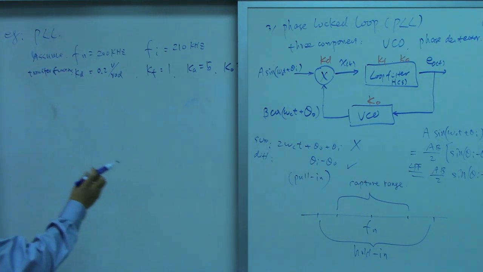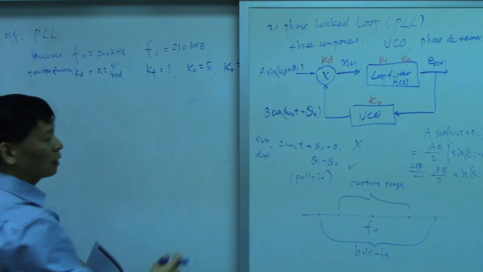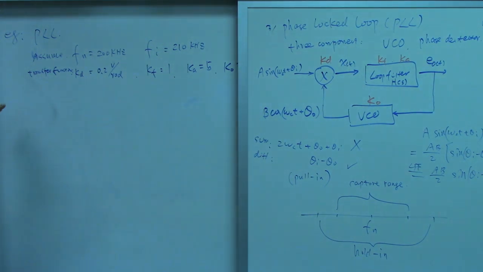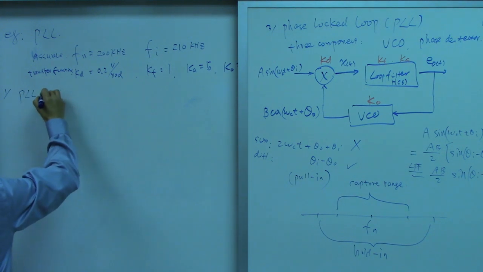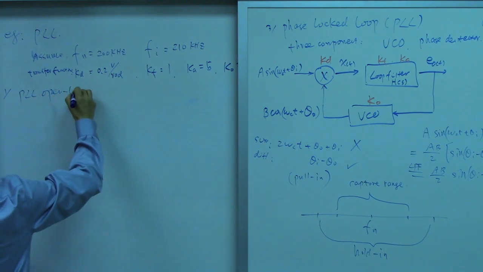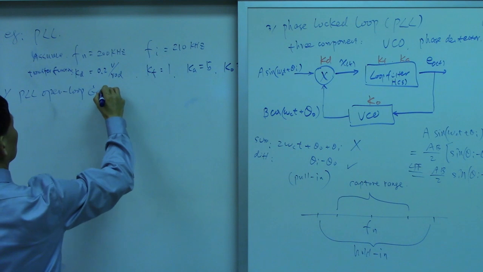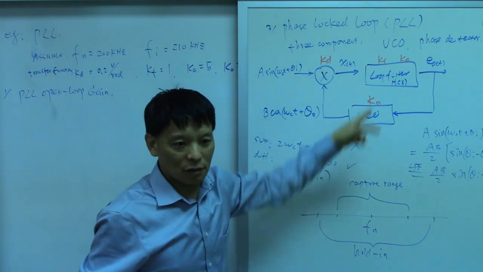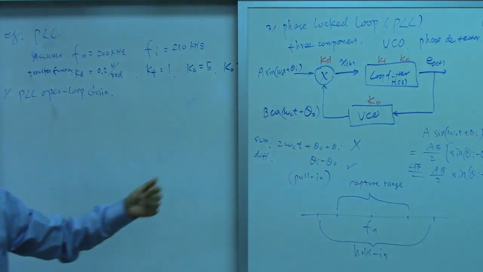We have some definitions. We define these in this example. The first one is the open loop gain of the PLL. The open loop gain is the multiplication of all the gains around the loop. That's easy, right?